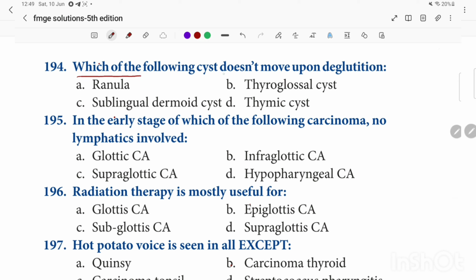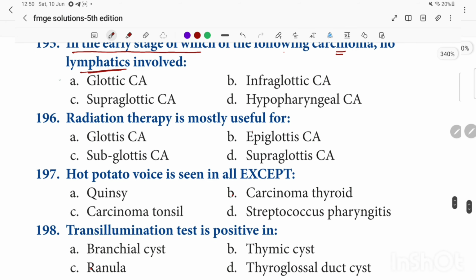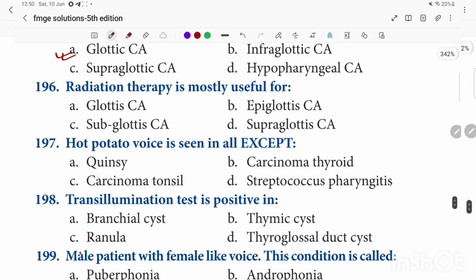Which of the following cysts does not move upon deglutition? Sublingual dermoid cyst does not move upon deglutition. In early stage of which carcinoma is there no lymphatic involvement? Glottic carcinoma.